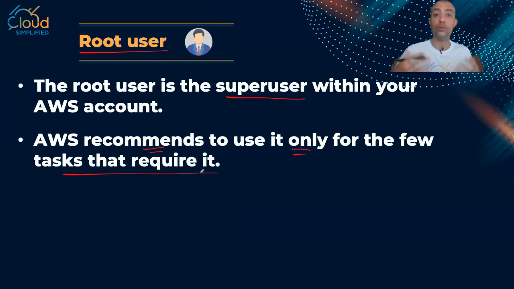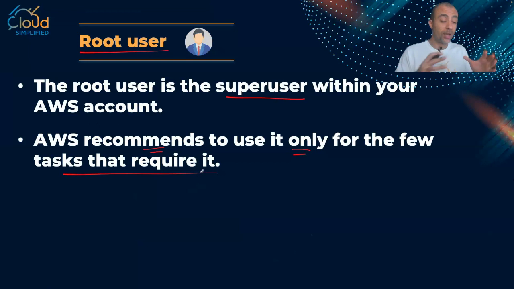Why is AWS recommending this? Because the root user, as we explained, has super user privileges. So if this user, for example, got compromised, the super user has the privilege to completely terminate and delete the account. The super user or the root user has the privilege of, for example, changing the support plan of the account.